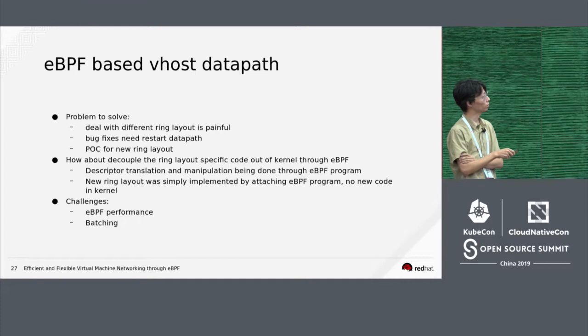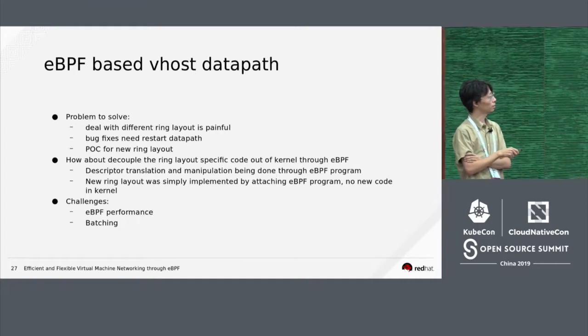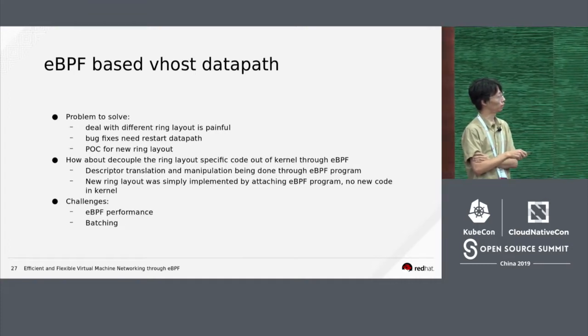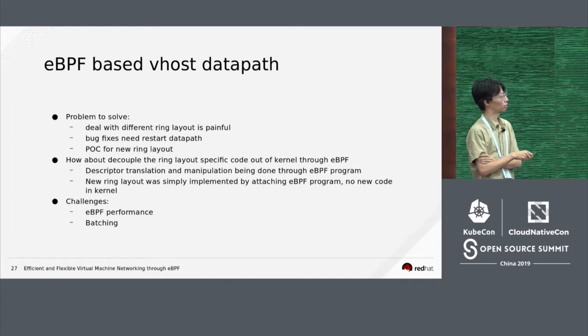And for the eBPF-based vhost data path, we need to deal with the fact that we are developing different ring layouts. I think the different ring layouts are very complicated and painful, and we need to require migration for bug fixes. A new ring layout requires a lot of hard work, so we think we can decouple the ring-layout-specific code out of the kernel through eBPF.